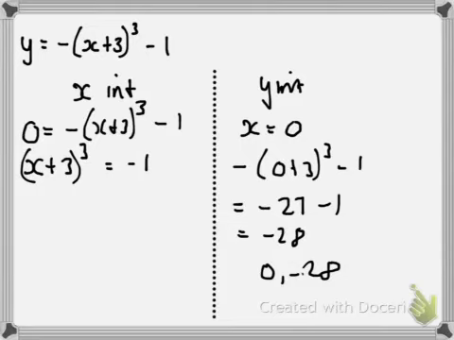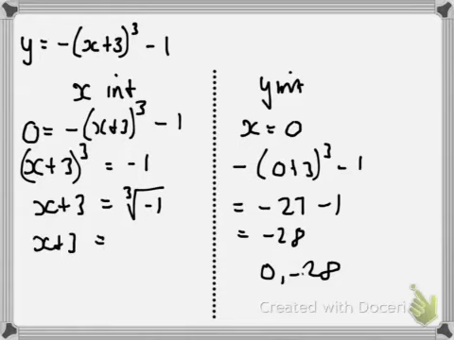Then we can get the cube root of both sides. So x plus 3 is the cube root of x plus 3 cubed equals the cube root of negative 1, which is just negative 1. So x plus 3 equals negative 1. X will equal negative 4. So there's our x-intercept, negative 4, 0.